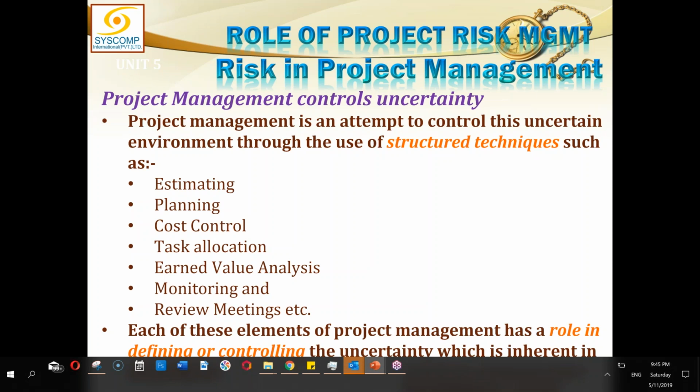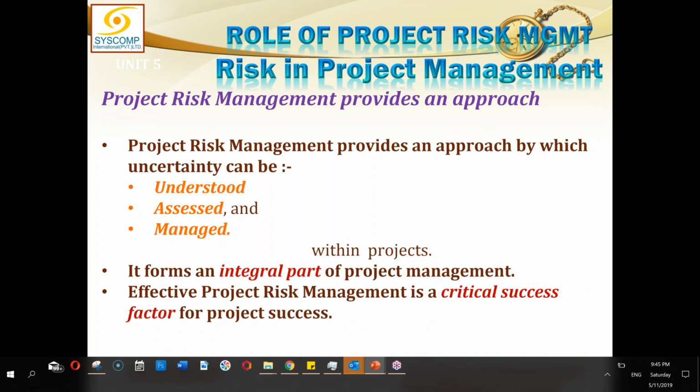Earned value analysis is a very good tool for being proactive and having a structured approach to dealing with the three project objectives, monitoring and review meetings, etc. Each of these elements of project management has a role in defining or controlling the uncertainty which is inherent in the situation.